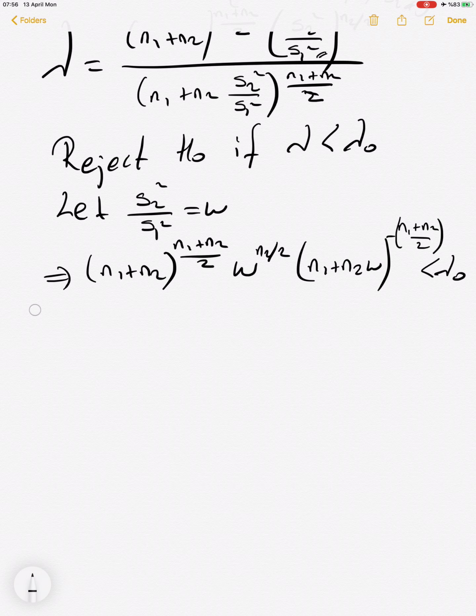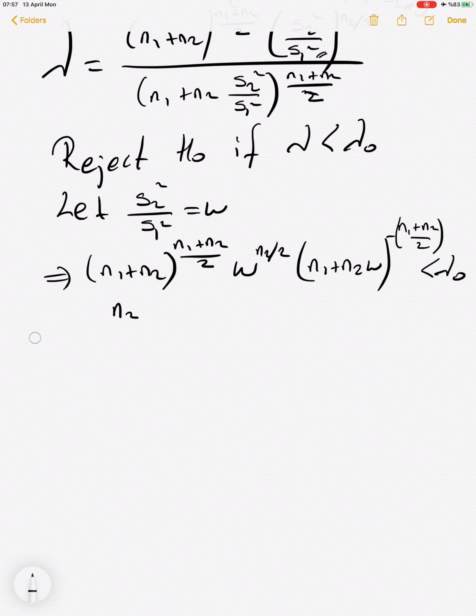So let's take the ln of both sides and write the constant on to the other side.